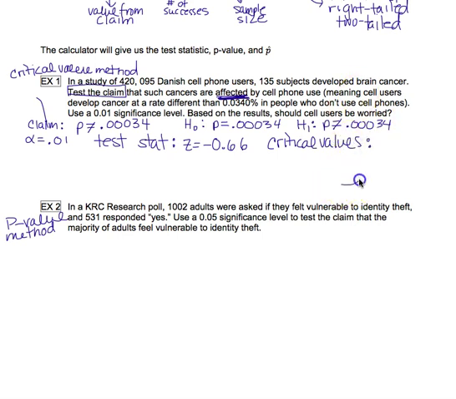Since this is a two-tailed test, that means that I've got area on both sides that is making up the alpha. So since my alpha is 0.01, that means that there's 0.005 on both sides, because together, when I add those together, that gives me 0.01.